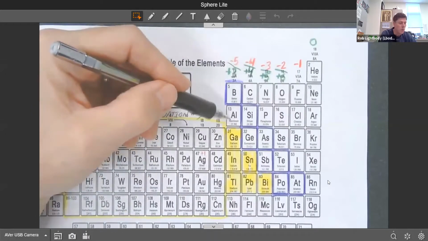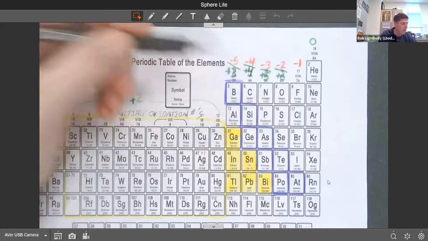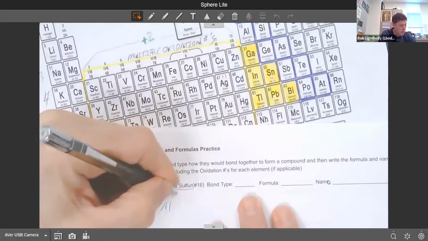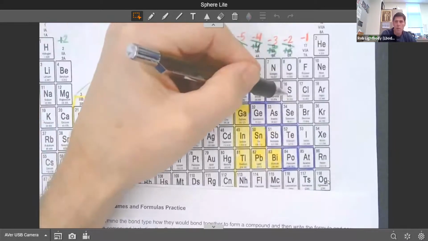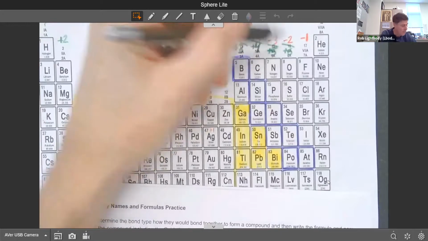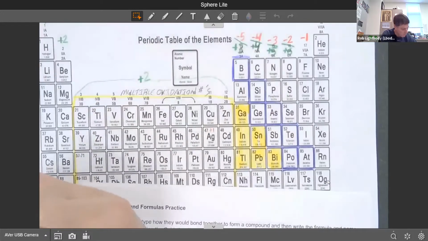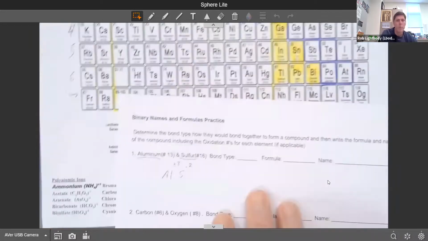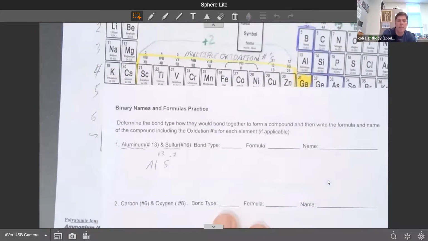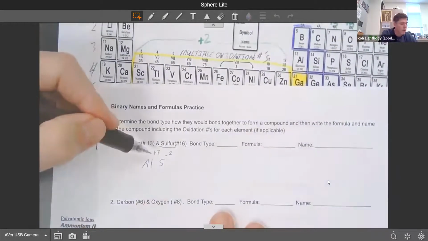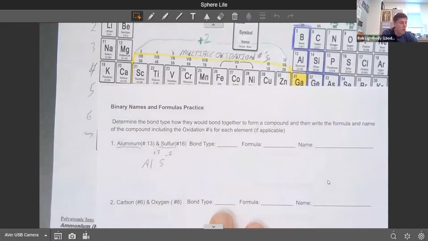Aluminum is a metal, so it always has to take the positive. So aluminum is going to be a +3. Sulfur is above the line, so it's going to take the negative. It's a -2. Now we need to get to a stable compound. The easiest trick is called crossing down.